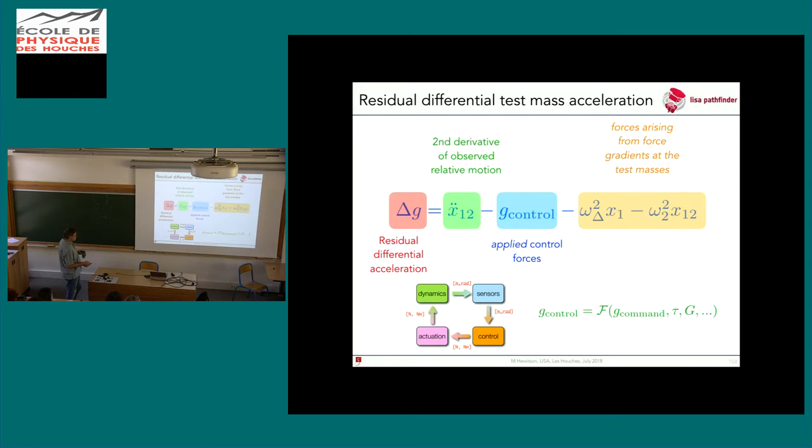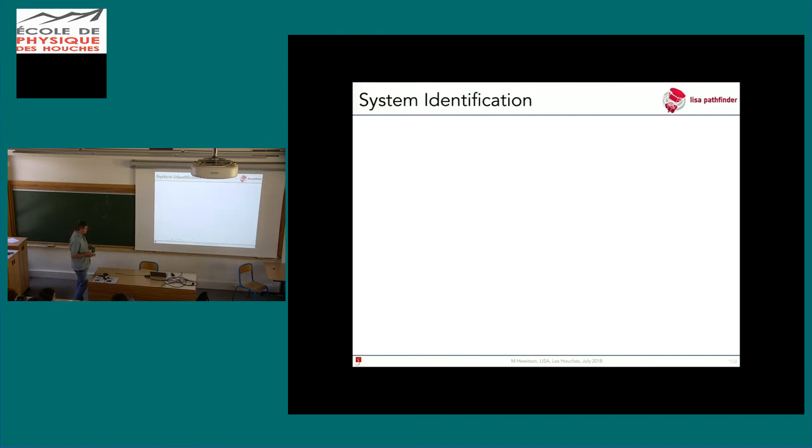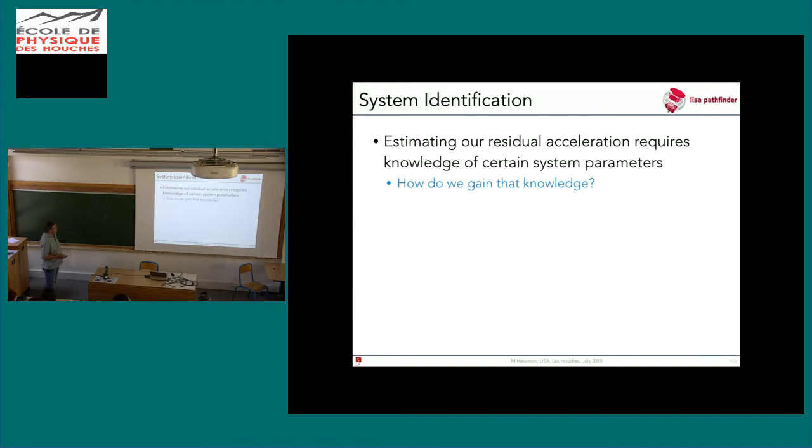So this g control is actually a function of the thing we commanded plus some unknown parameters like a calibration gain, maybe a delay, things like that, and we have to fit that out. We have to calibrate that in order to do this properly. And we do that with something called system identification. So this is identifying parameters of the system.